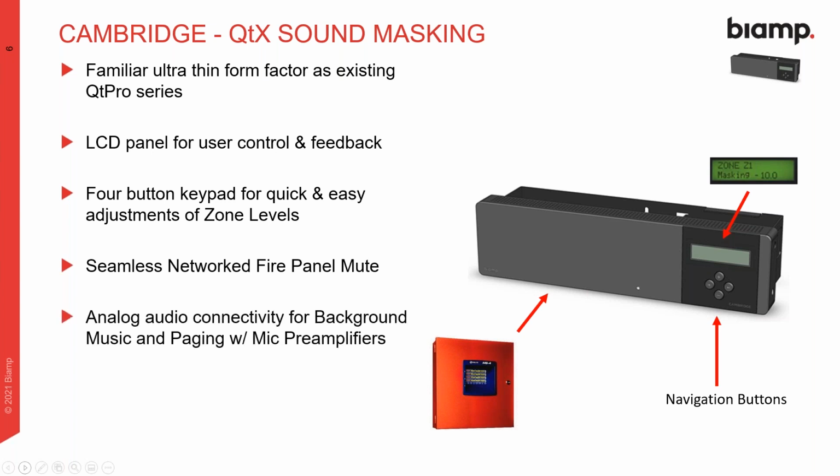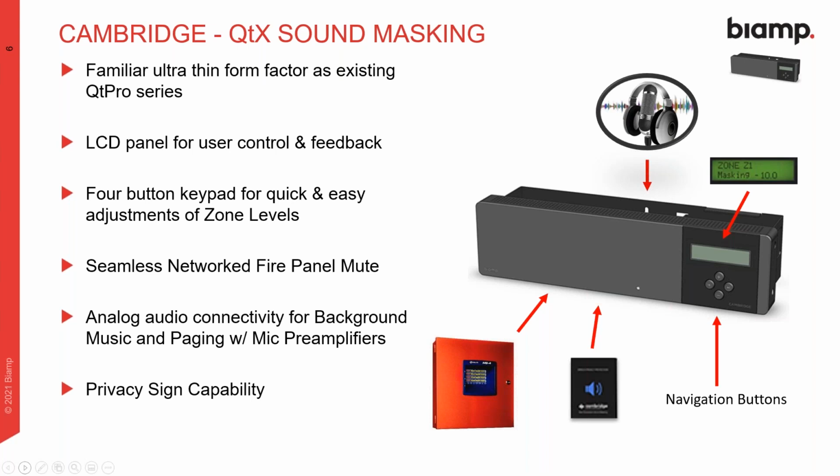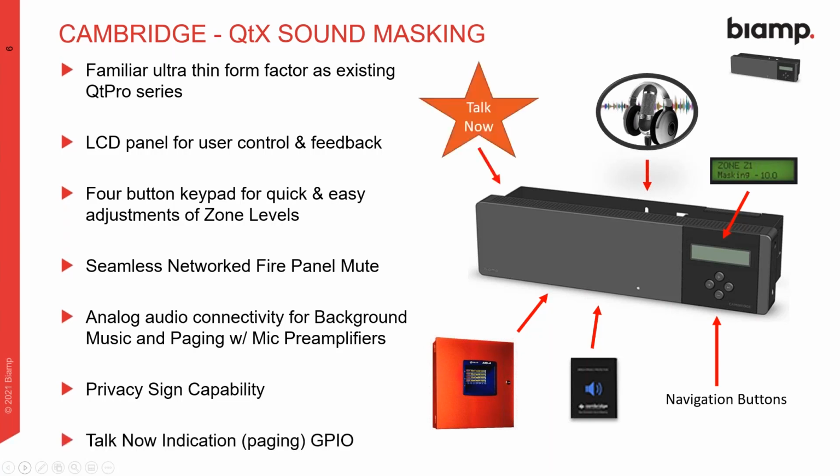Be able to seamlessly integrate with Fire Panel, and we're going to be able to bring some audio connectivity for background music and paging into this set of processors, as well as with this particular platform, they've added some privacy sign capability to be able to allow you to know if the privacy is taking place, the system is functioning, and you'll be able to now connect directly into this with a microphone, so you can do a talk now paging scenario directly to this processor with a push to talk microphone.